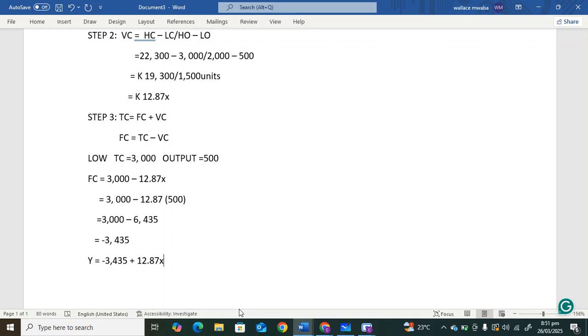So once you find your fixed and variable costs, that's how you make your cost equation. Questions, queries?